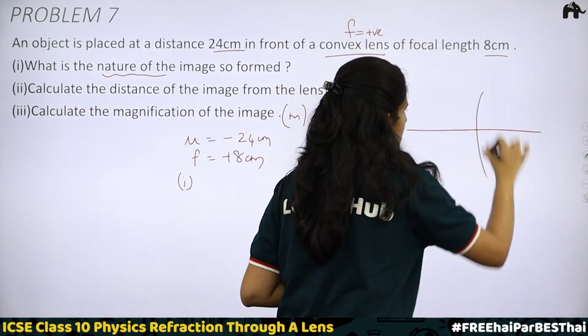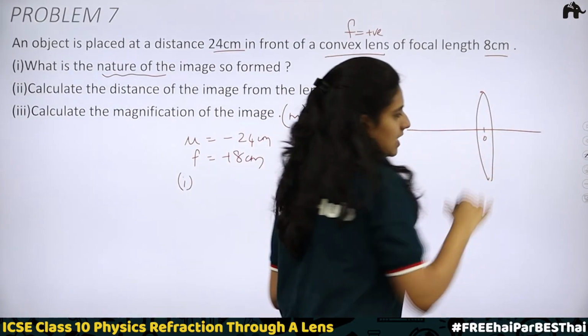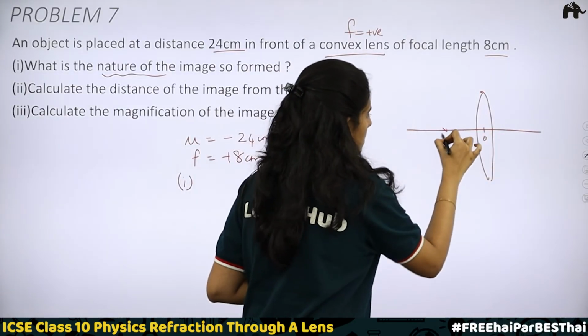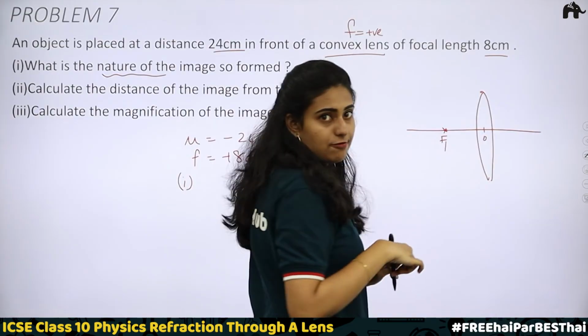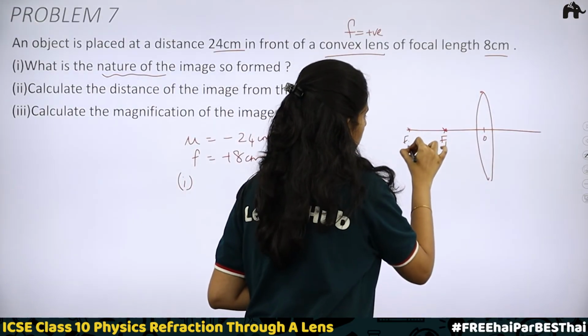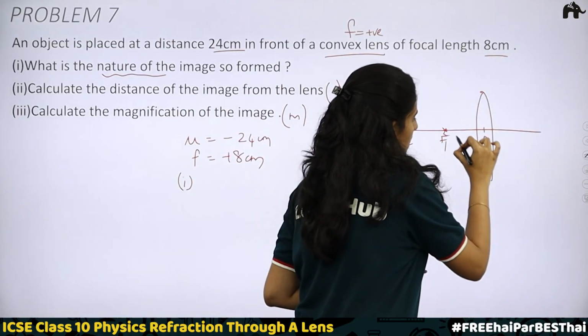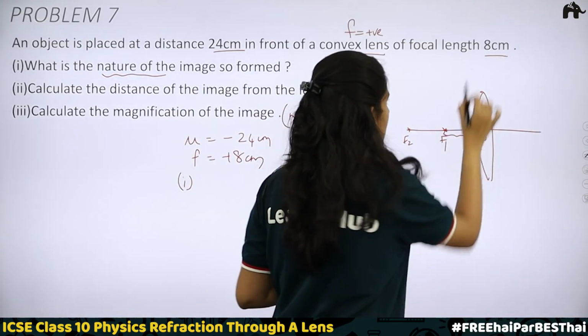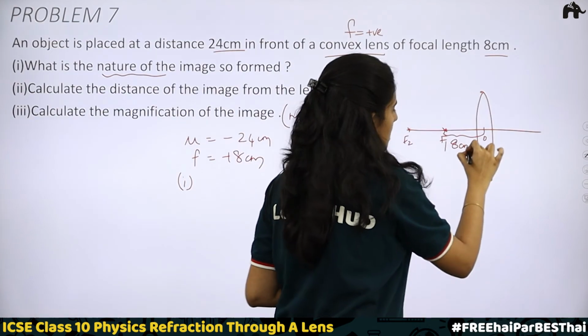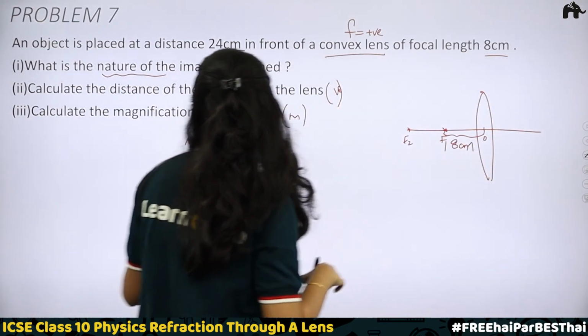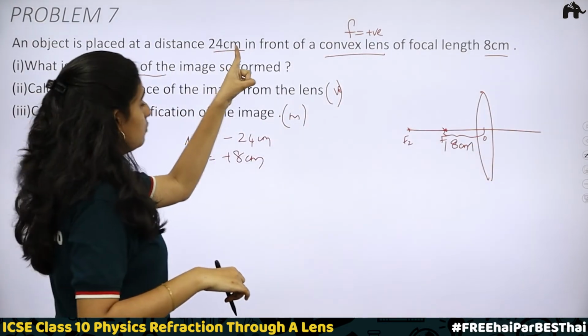This is a convex lens. Here we have the optic center. This is the focal point F1. Here you have F2. The distance from the focus to the optical center is given, which is 8 centimeters. Where is the object placed? Object is placed at 24 centimeter.